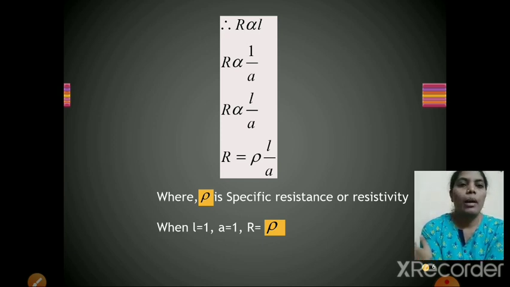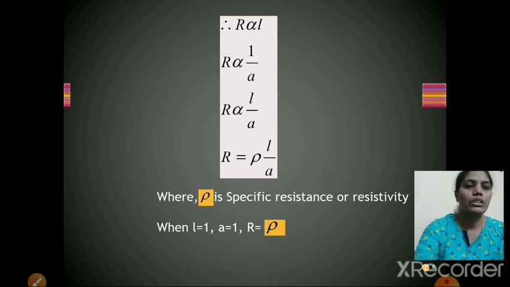When we combine these two proportionalities, R is proportional to L by A. If we take out the proportionality, we get one constant, that is rho. So, R is equal to rho into L by A. This rho is specific resistance or resistivity.